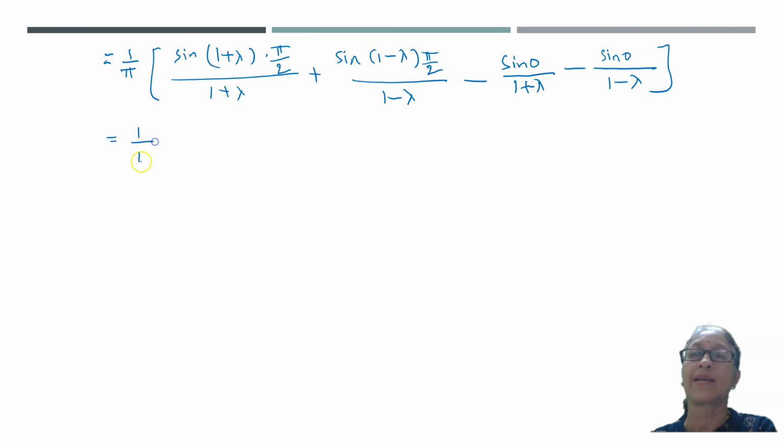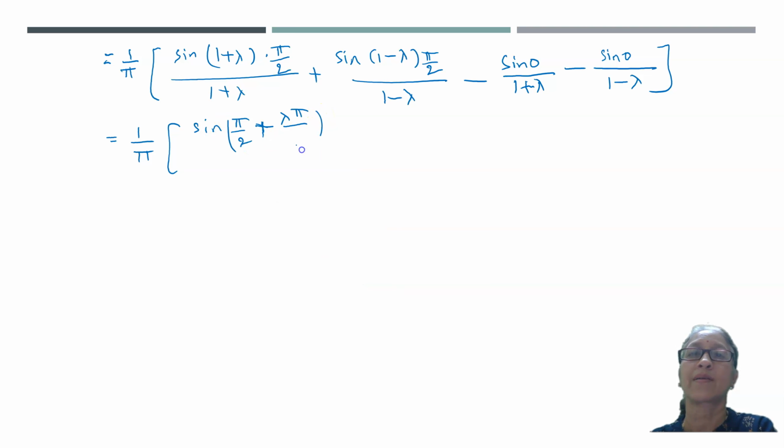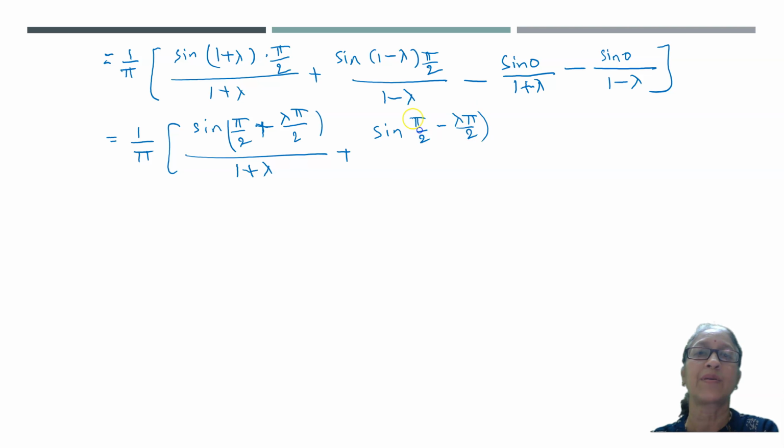Now this can be written as 1 by pi times sin(pi by 2 plus lambda pi by 2) upon (1 plus lambda) plus sin(pi by 2 minus lambda pi by 2) upon (1 minus lambda).